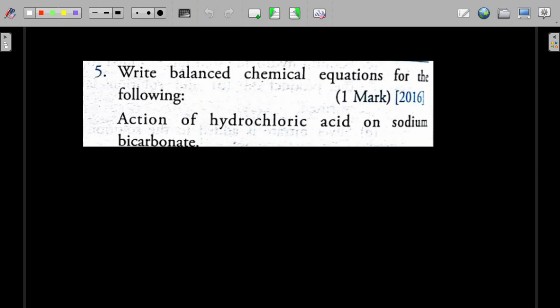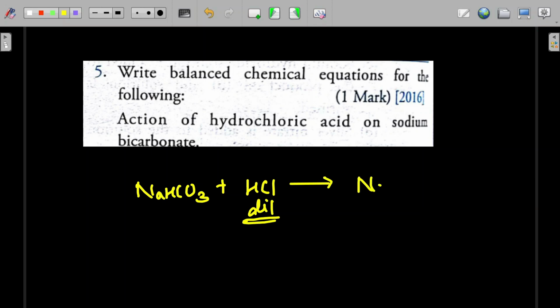Action of hydrochloric acid on sodium bicarbonate. Lead acetate paper turns silvery black. Sodium bicarbonate: metal bicarbonates with dilute acid, you should not forget dilute, will give the respective salt, water and CO2 gas.